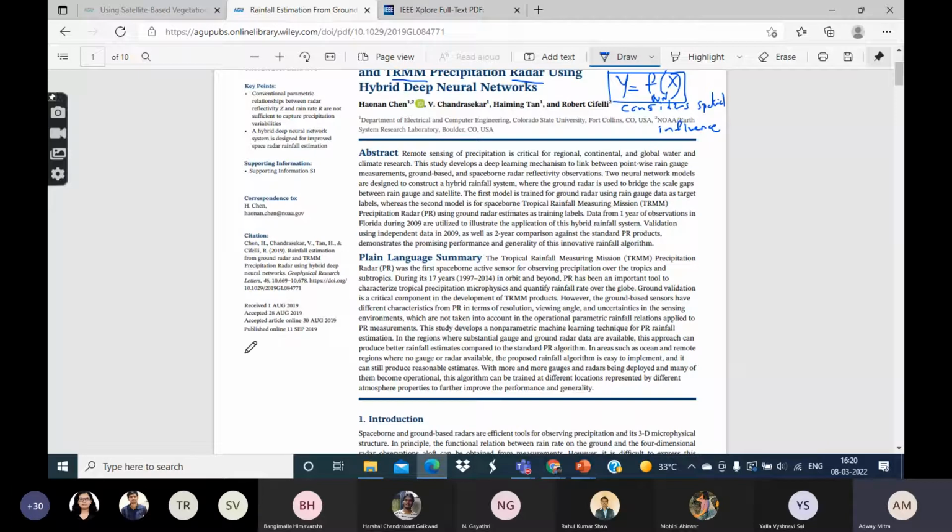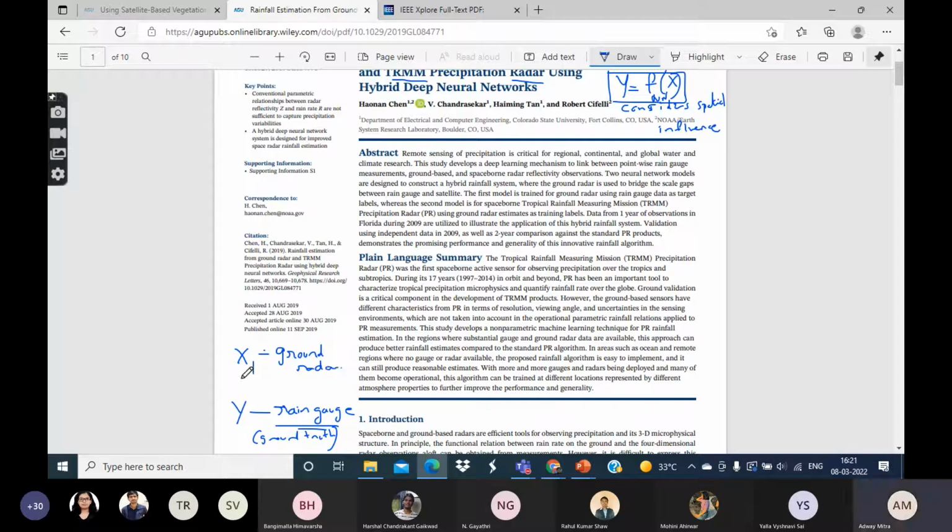labels. So let us say, first, y. This is the rain gauge. So this is considered to be the most authentic, or the ground truth. Then comes X1, which is the ground radar.